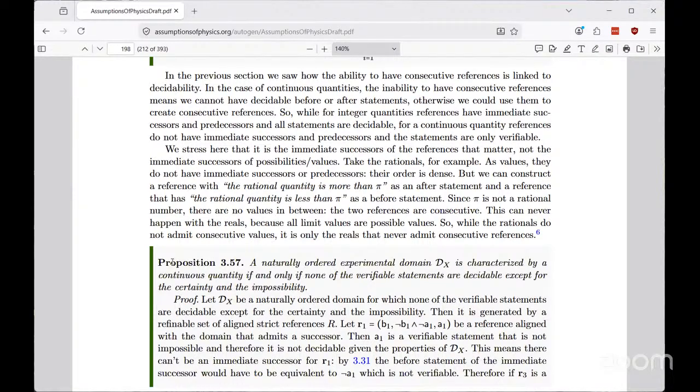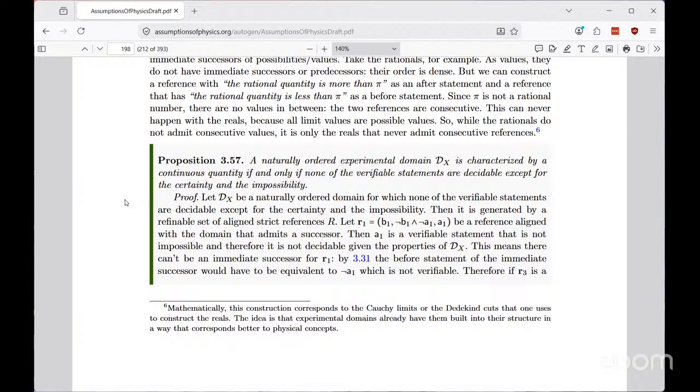This is an after statement, and a reference that has the rational quantity is less than pi as a before statement. Since pi is not a rational number, there are no values in between. The two references are consecutive. This could never happen with the reals because all limit values are possible values. So while the rationals do not admit consecutive values, it's only the reals that never admit consecutive references.